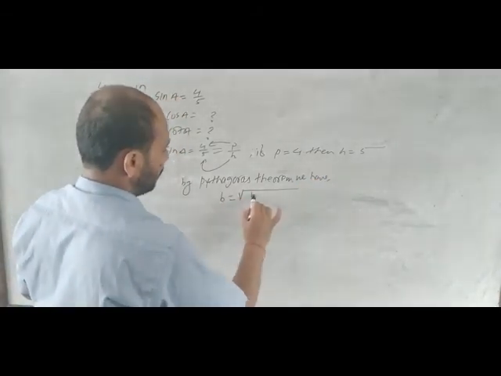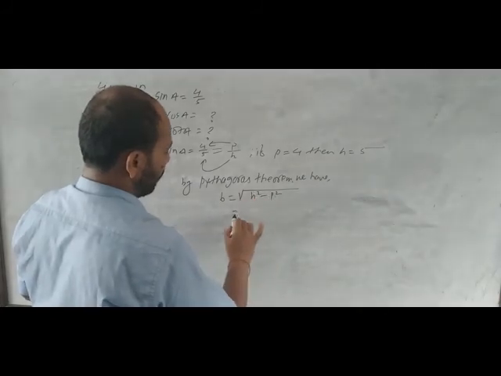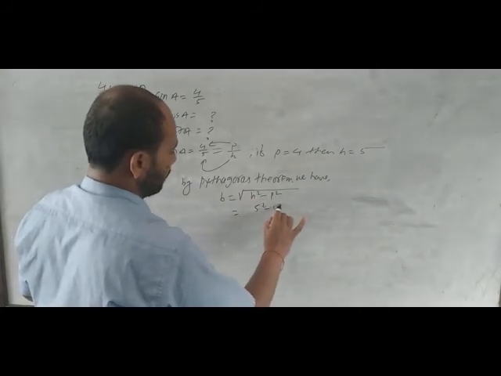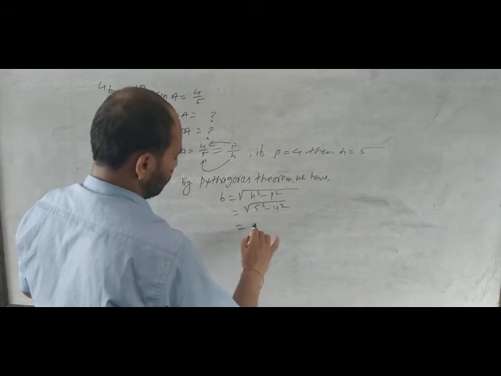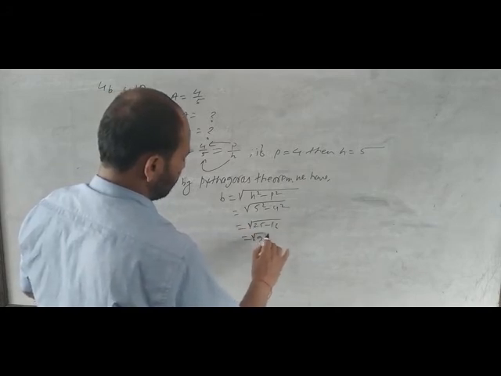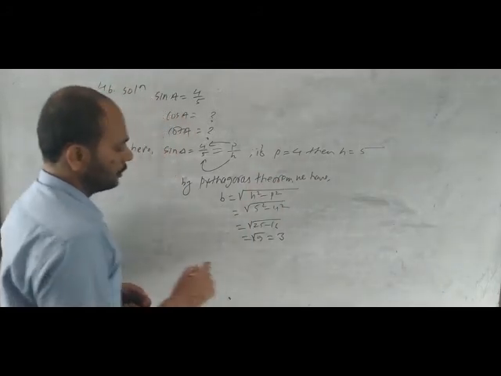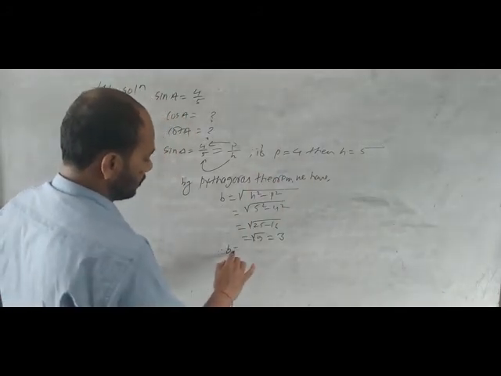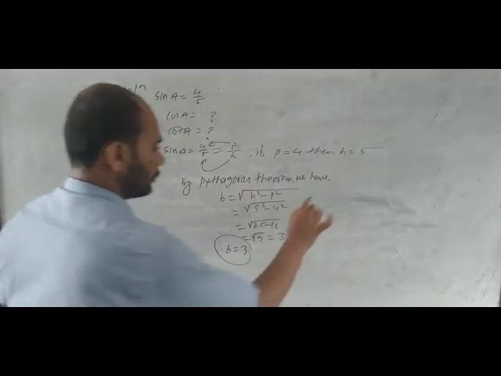We know that H square minus P square. So here we have 5 square minus 4 square, 25 minus 16, so 9. Its root is 3. Okay. So here we have B is equal to 3.